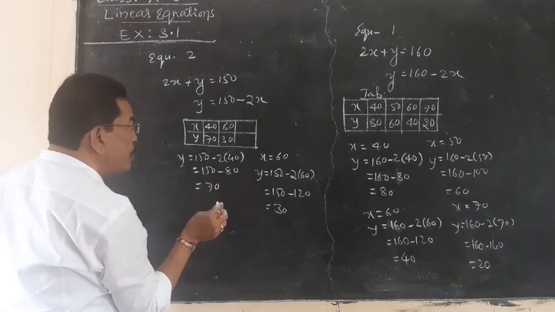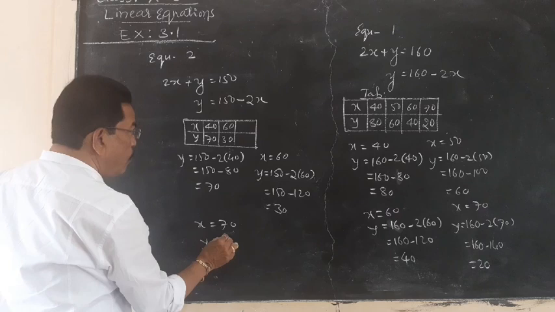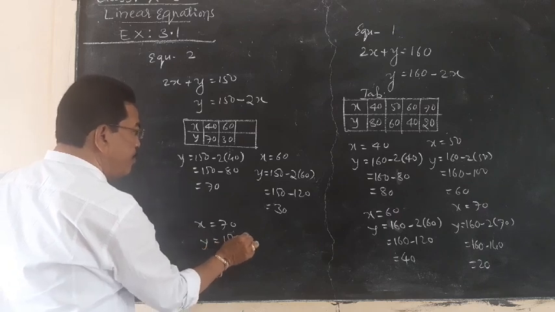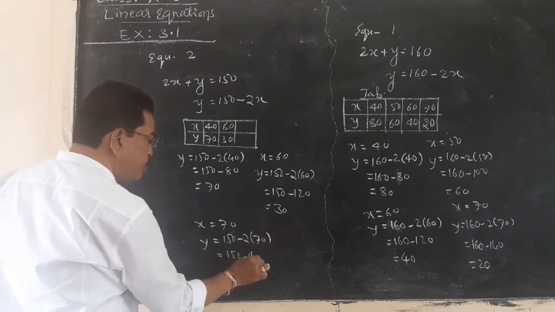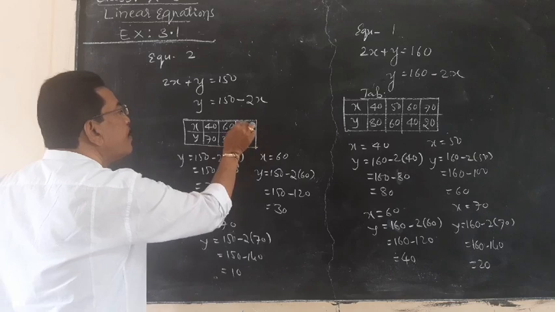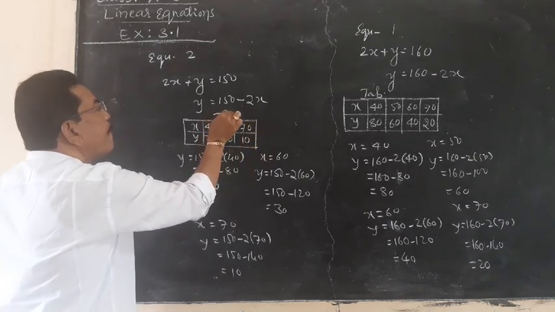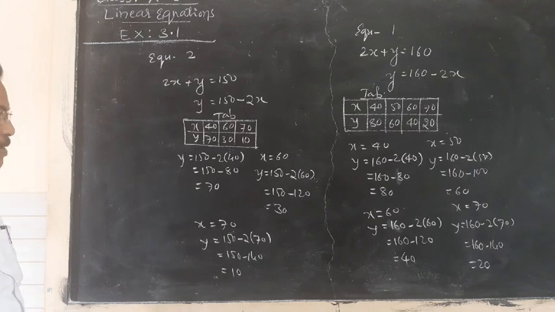Then x equals 70, y equals 150 minus 140, that is 10. This is the second equation's tabulation.